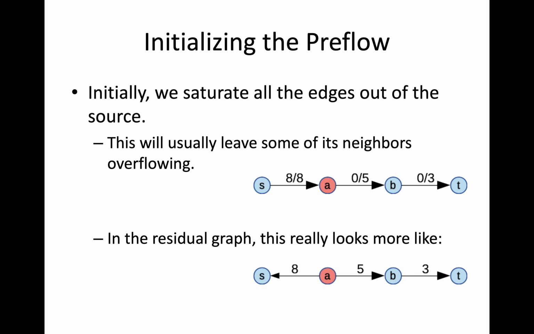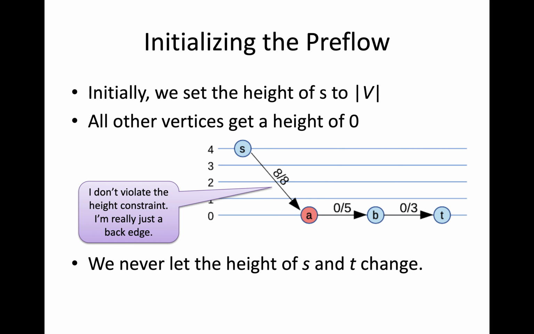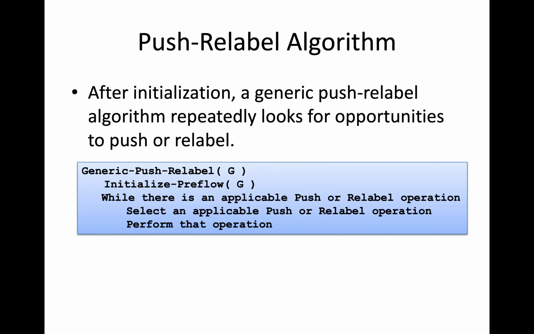So backing up a slide, we talked about how to initialize the preflow. We talked about how to initialize the height of all the vertices. And now we can just start running the algorithm. Now that we've given all the background, the algorithm is really easy to describe. A generic push-relabel algorithm does what we just talked about.